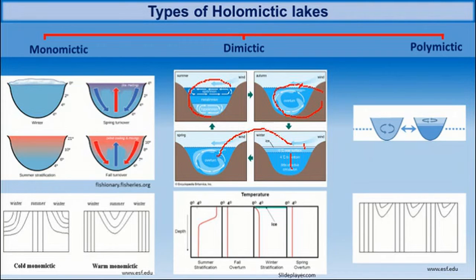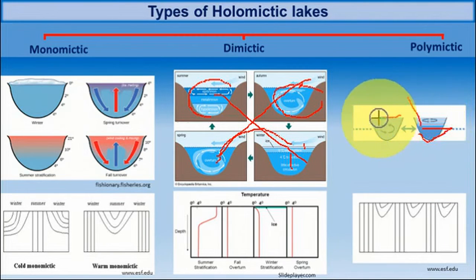The two layers, one is the top layer, which is a very shallow surface layer, and one is the bottom layer. Throughout the year you can find these layers appear, and there is also intermixing. Then in the case of a polymictic lake, you'll find that there are some fixed zones, and above that the water mixes.